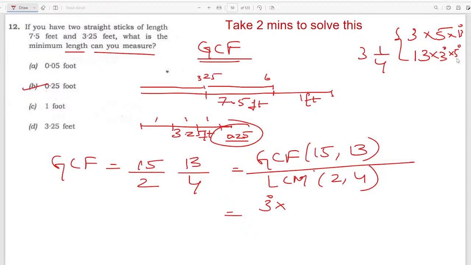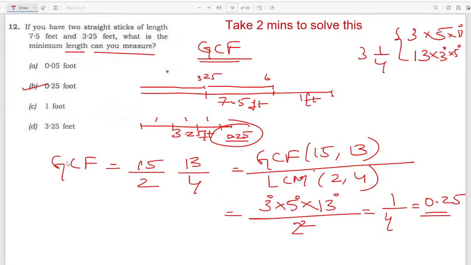And then the next prime number is 5 raised to 0, that is also 1. And next is 13 raised to 0, that is also 1. The LCM of 2 and 4 is, as we have seen, 2 squared, that is 4. So this is 1 by 4, which is equal to 0.25.